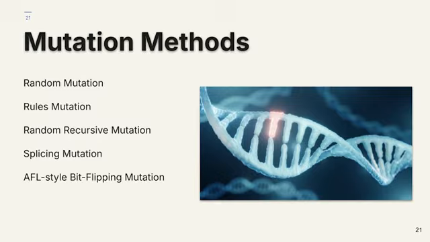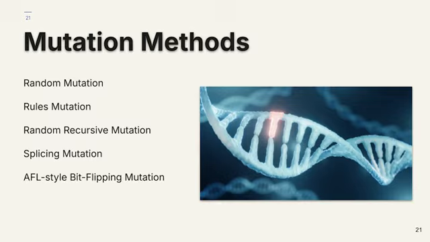Random recursive mutation is Nautilus targeting nested structures by repeating a recursion within the tree to stress test the limits of the program.